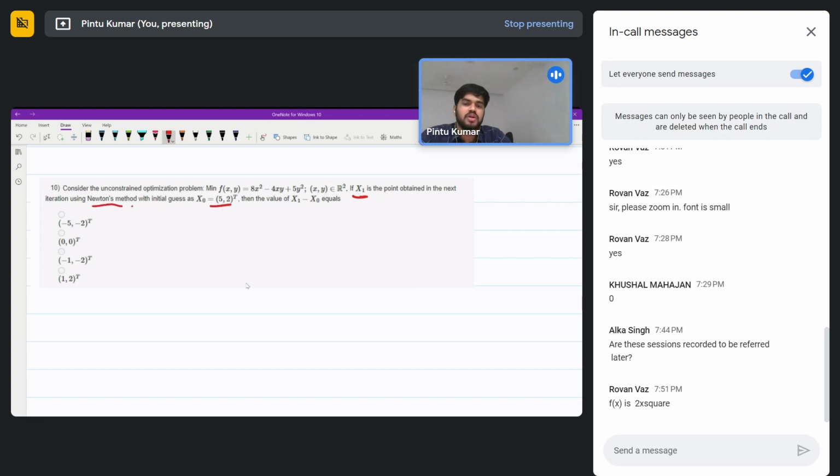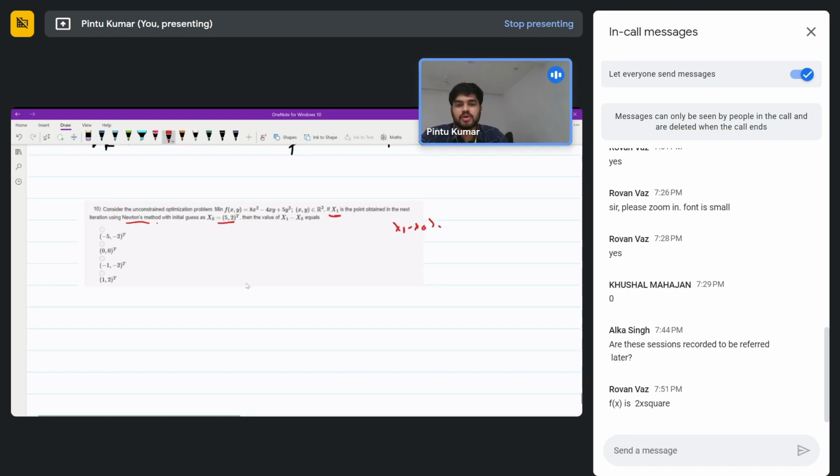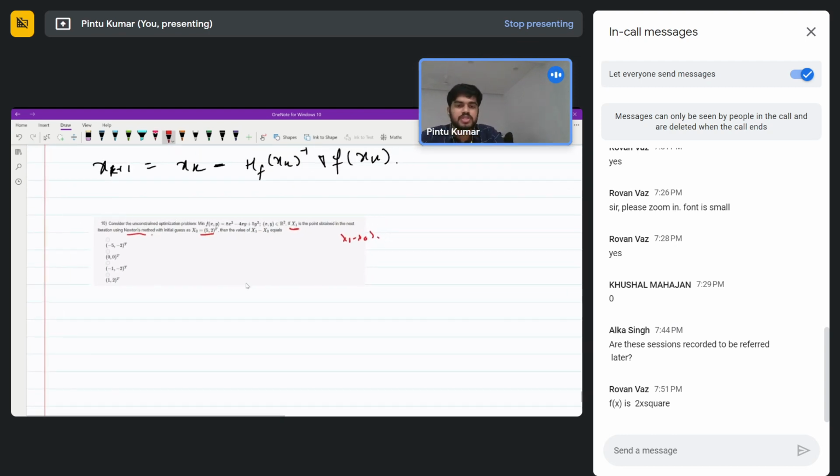We are also given x0, and we have to calculate x1 minus x0. What are the terms required in Newton's method? First is the gradient, second is the Hessian. If I make a calculation mistake this time, please let me know, so that we don't have to change everything at the end.